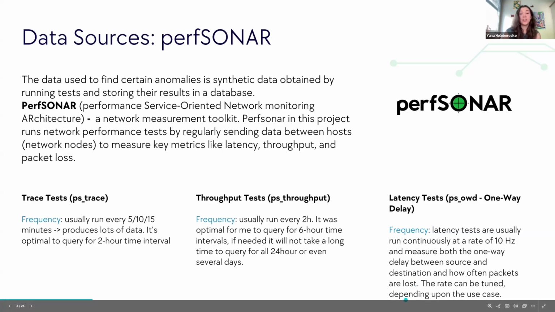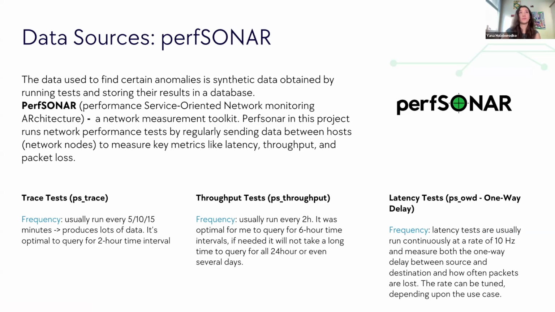Right now I'm talking about the perfSONAR measurement toolkit, which is widely deployed across WLCG, and which provides us with data about latency, throughput, and packet loss. This rich dataset allows us to monitor the health of individual network links, to identify bottlenecks, and to search for the roots of problems, to be at least one step closer to solving them.